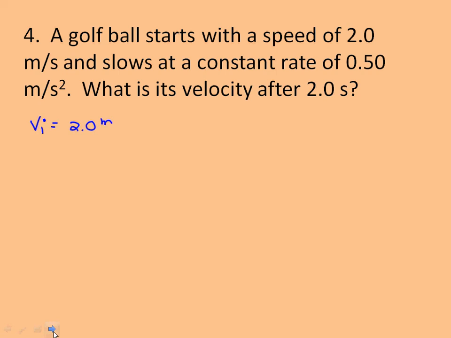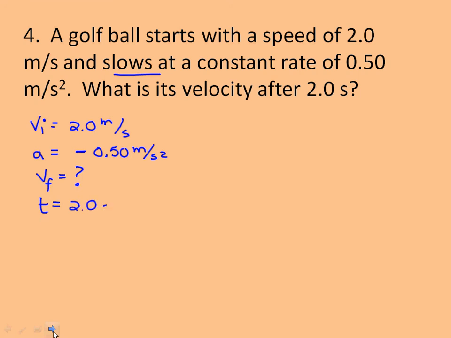It's slowing at a rate of 0.5 meters per second squared. So that's your acceleration. Make sure that you put the negative sign in there. We're trying to find its velocity, so we're trying to find its final velocity, that's our unknown, after a time interval of 2 seconds.